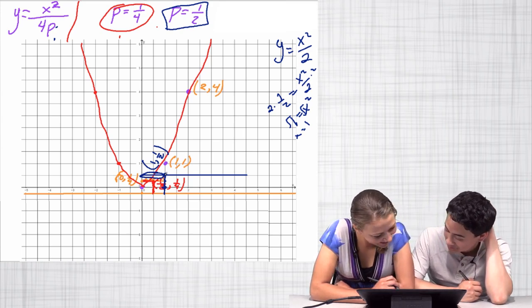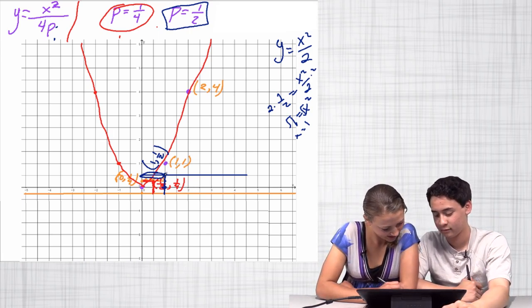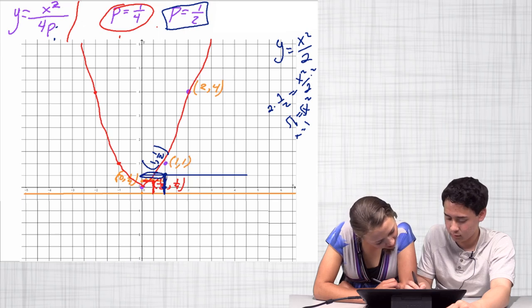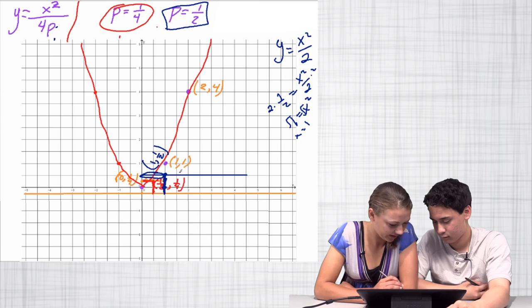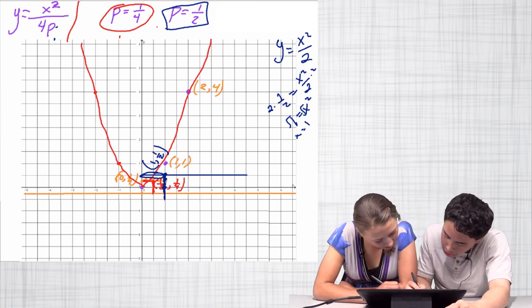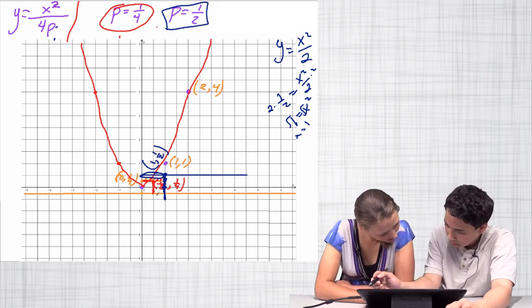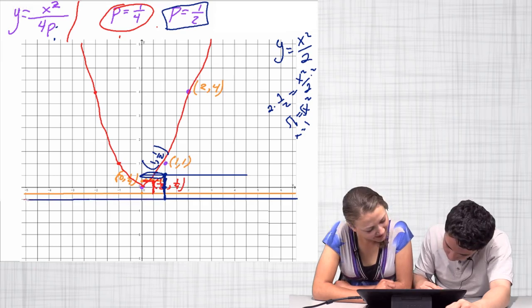No, from where? Because our directrix is going to be different. Where is the directrix of the new one going to be? Now it's going to be 1/2 away. Can you draw the directrix for the new one? Our new directrix is right there.